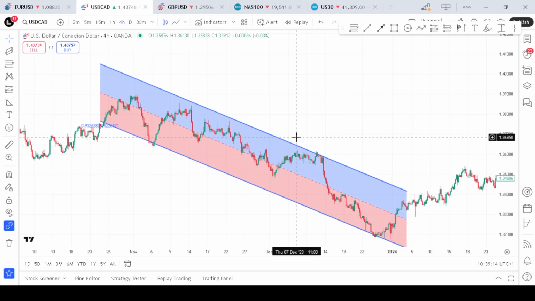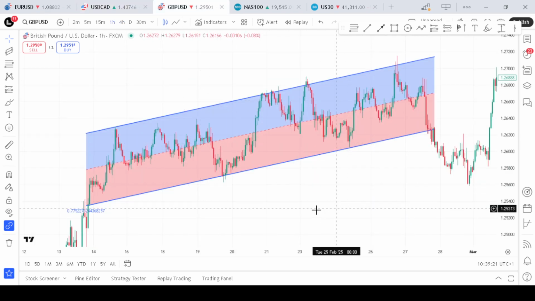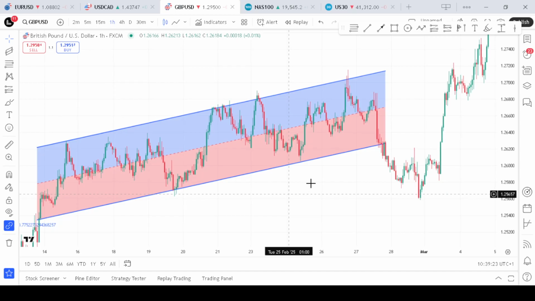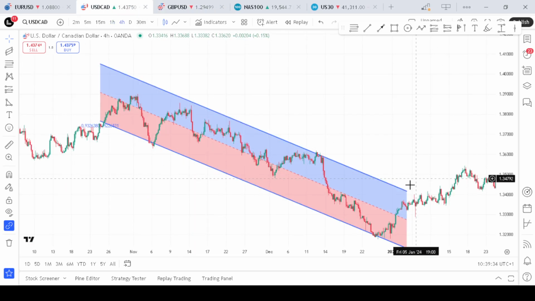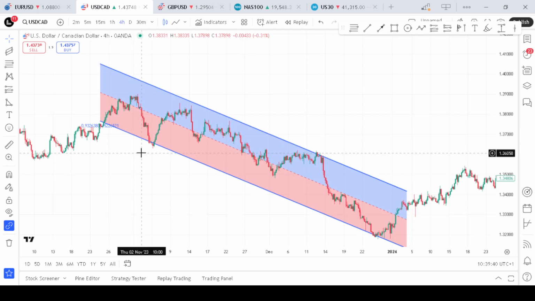If price breaks above an upper channel in an uptrend, this indicates strong buying pressure. And when price breaks below in a downtrend, this indicates strong selling pressure.